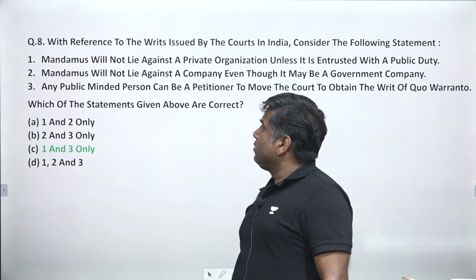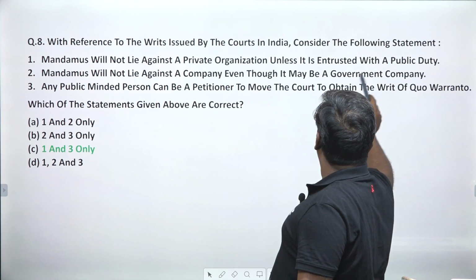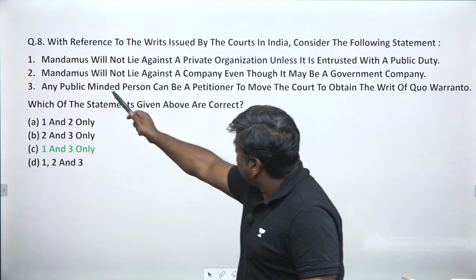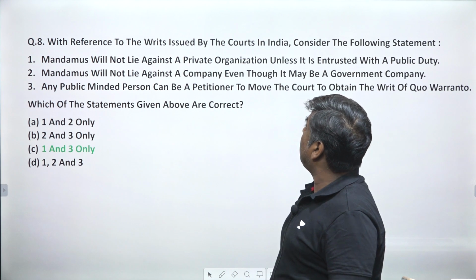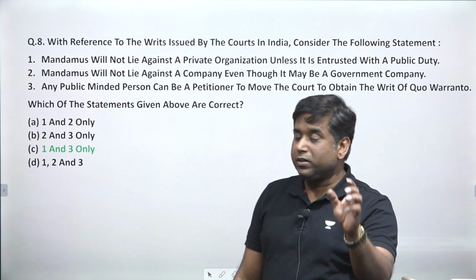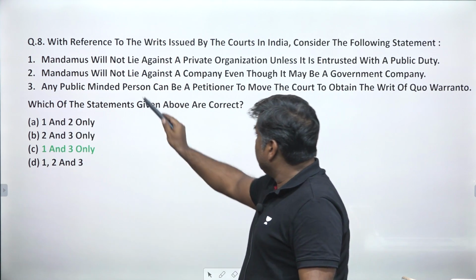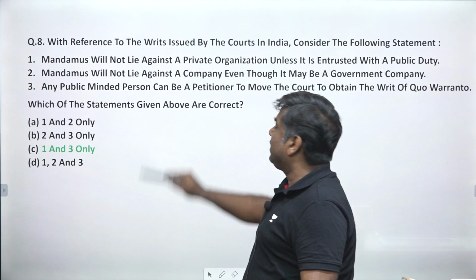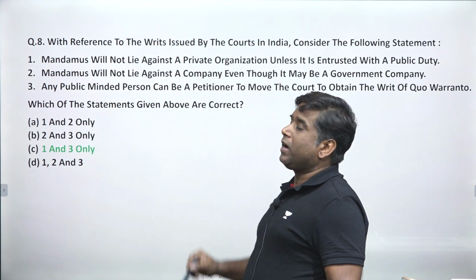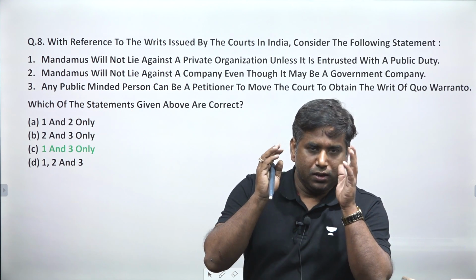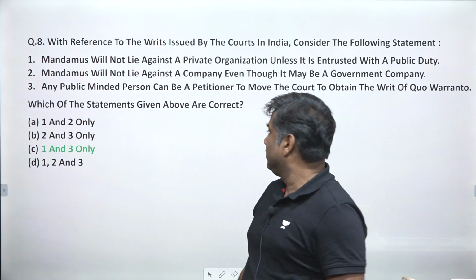Now, "mandamus will not lie against the company even though it may be a government company." Technically, this statement is incorrect. Mandamus will lie against the company. So, the claim that it cannot be against the company is incorrect in itself. It could be against even public corporations or government companies.